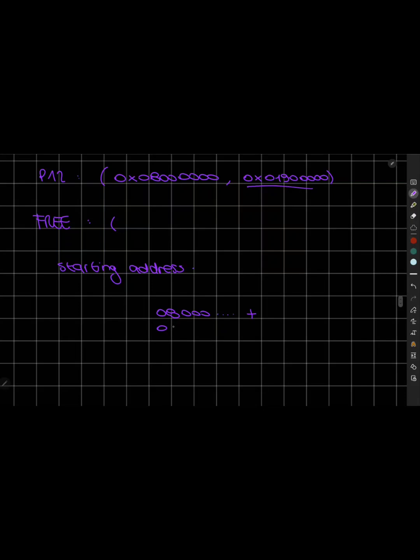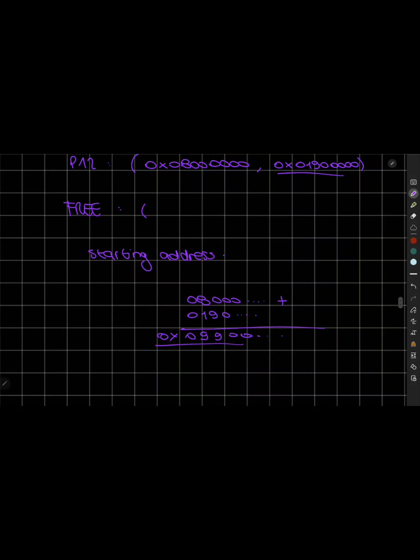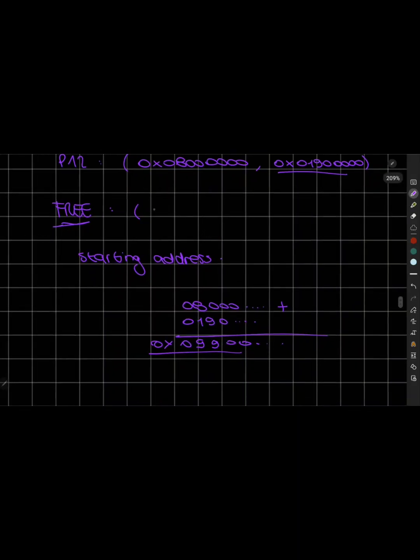So I'm adding 0, 19, etc., etc. So here I have 0, 0, 0. And here I have to do 0 plus 9, which is 9, 8 plus 1, which is 9, and 0. So this is my first starting address of this partition. So it will be 0, 99, and then all the necessary zeros.